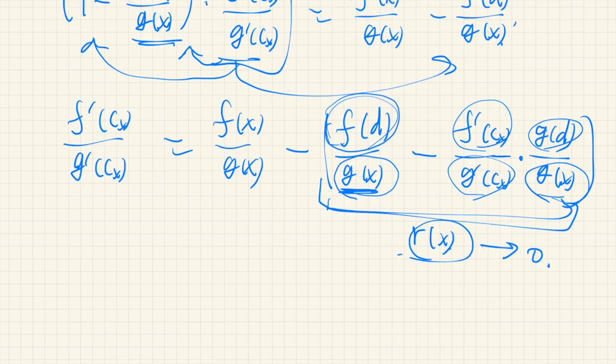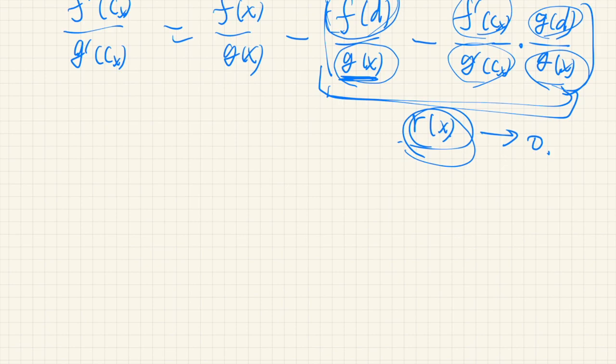So let's subtract L from both sides and move this r of x to the other side, and we have f of x over g of x minus L. We want to show that this function f over g converges to L, right?